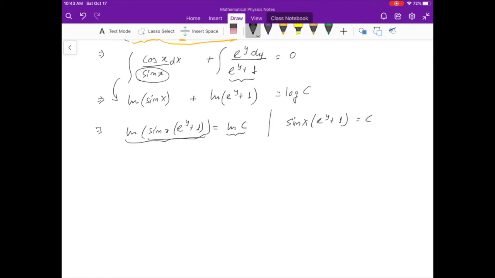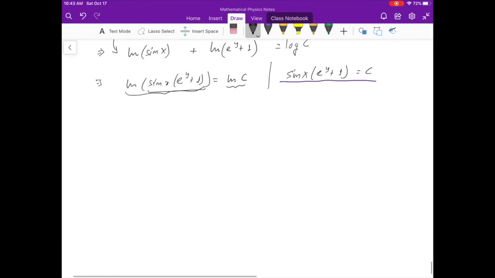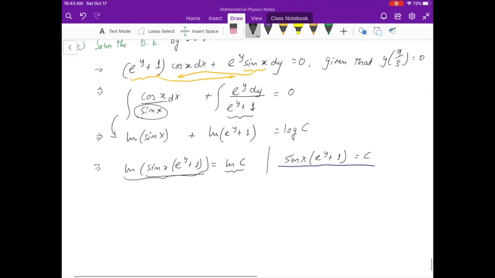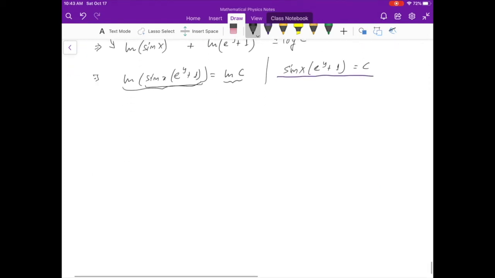Okay, so this is halfway through the problem. You have obtained an expression, but then you need to satisfy some other conditions as well in order to find out the value of c, because this is a definite form of the problem. You can also see it as a definite integral, because the integration contains a sign which will be replaced soon.